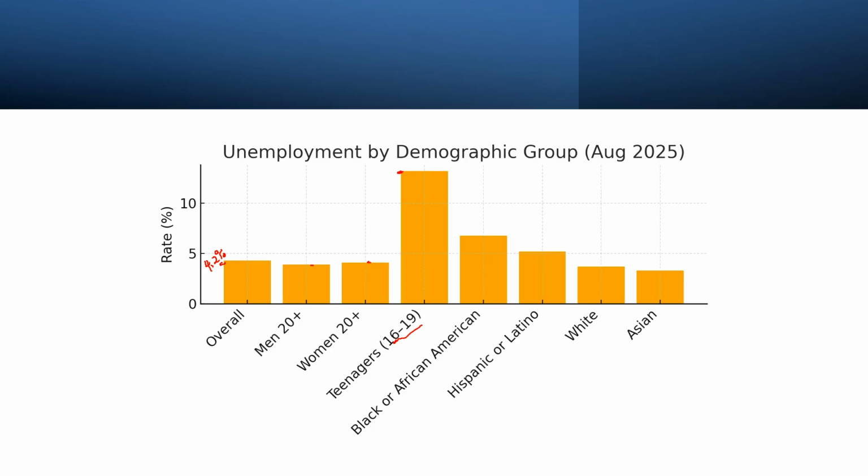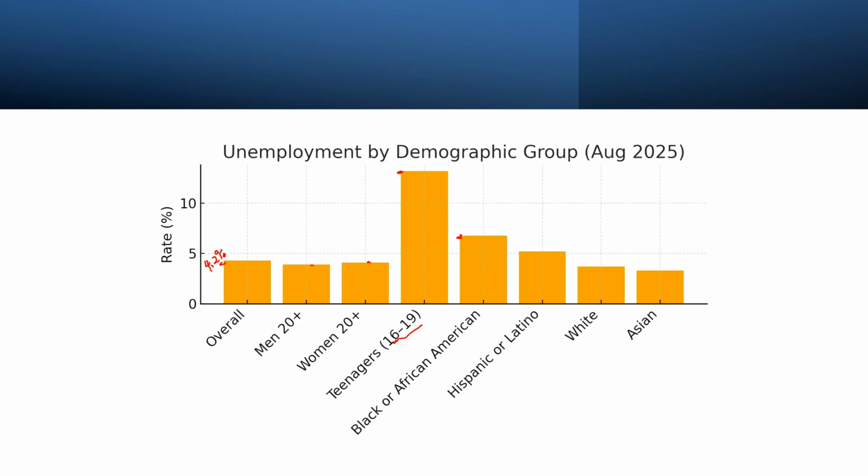Black or African American, they also tend to have higher unemployment than the general population. And again, it could be a lack of education. Maybe they don't have the educational skills, access to quality education. It could also be due to maybe discrimination.